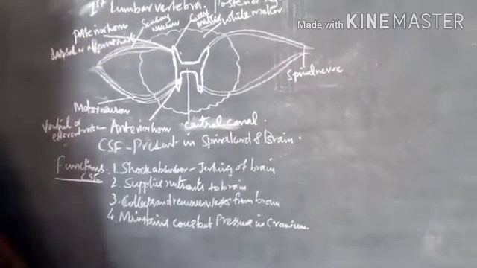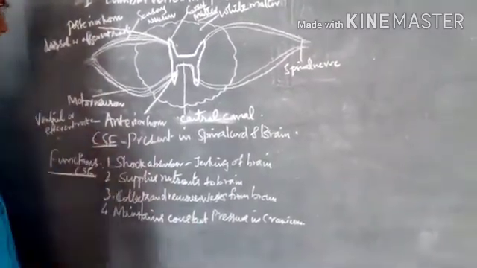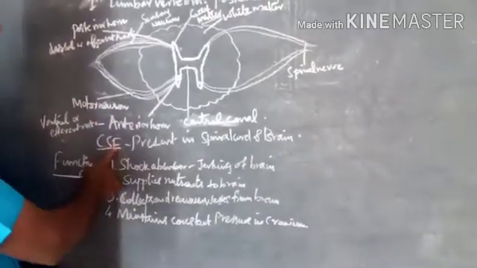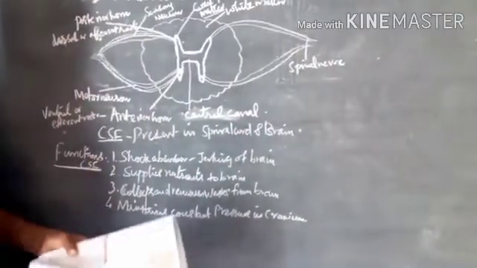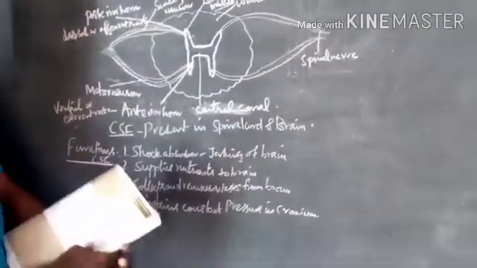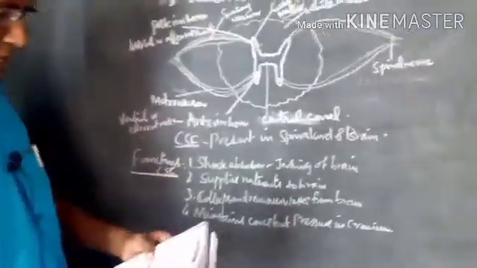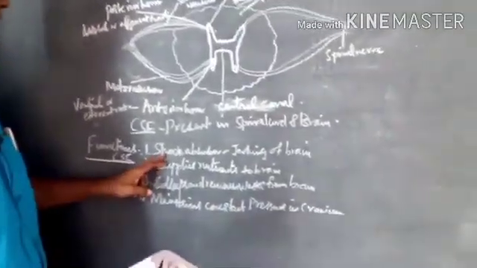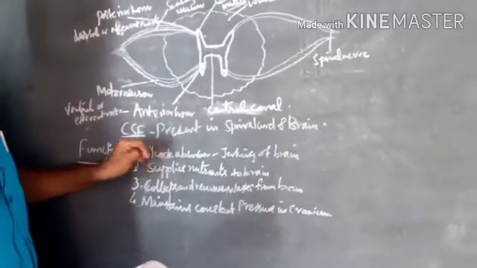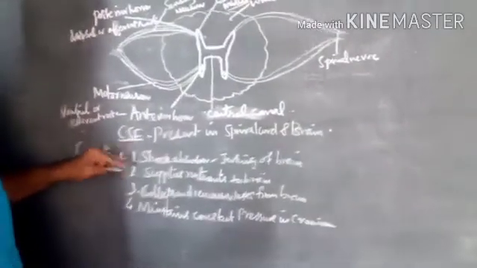What is the meaning of CSF? CSF means cerebrospinal fluid, which is present in the spinal cord and the brain. It is a lymph-like, watery fluid that surrounds the brain inside the cranium as well as the spinal cord.